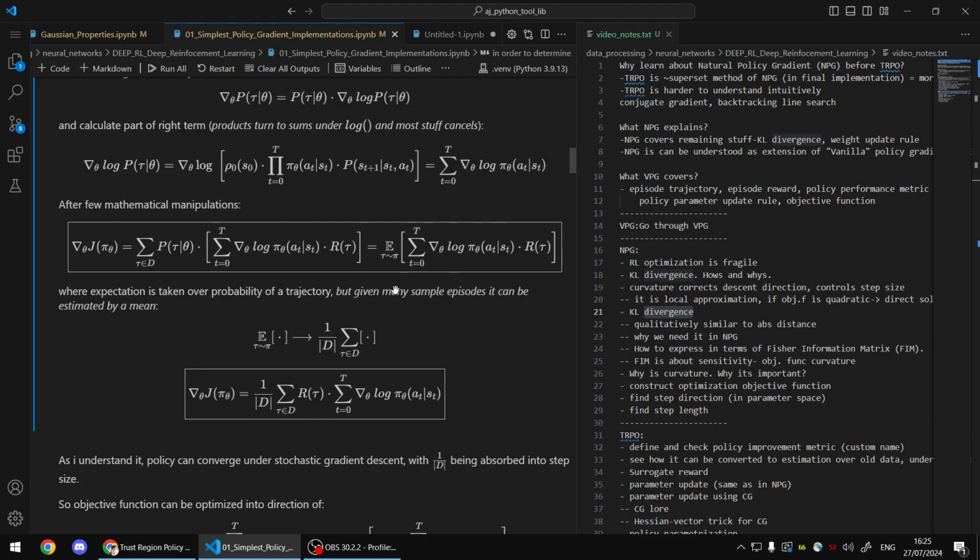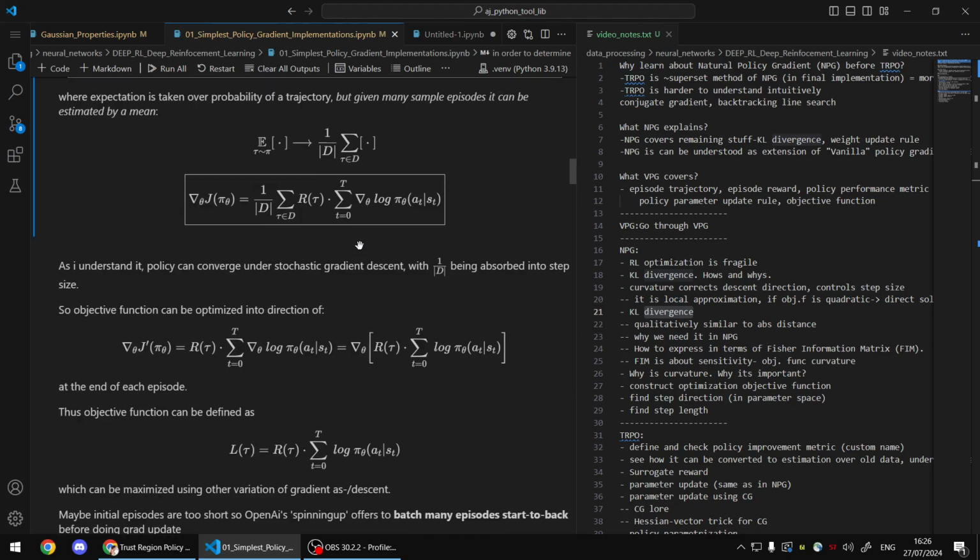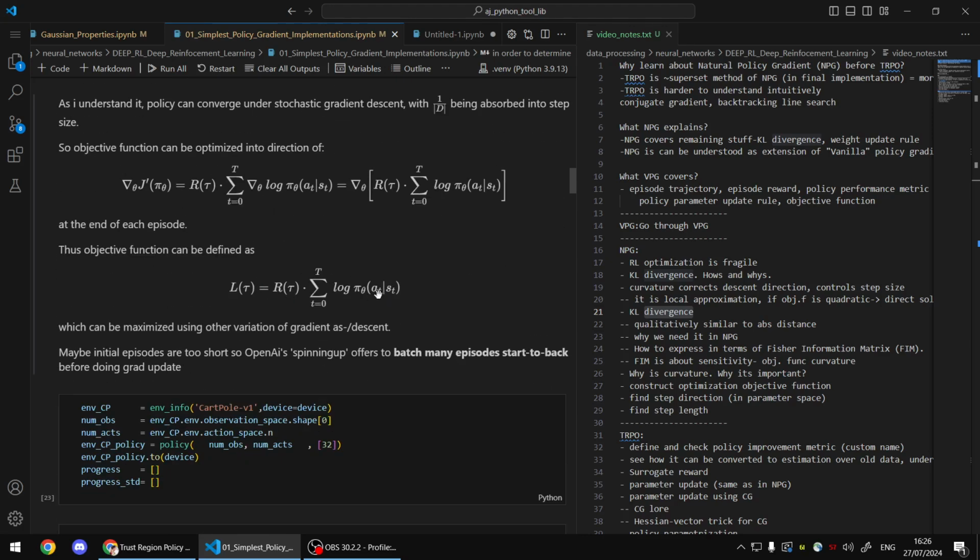One thing also I should mention, that our estimation over trajectories, as I alluded to in the beginning, originally we knew probabilities for all the trajectories. So instead we estimate it by repeating different trajectories. So this is the objective function.